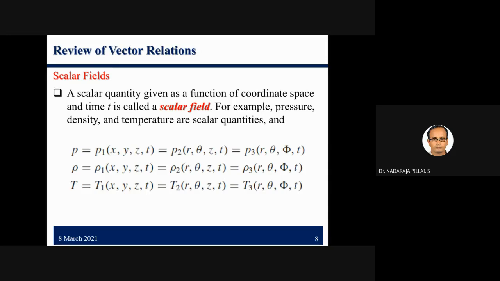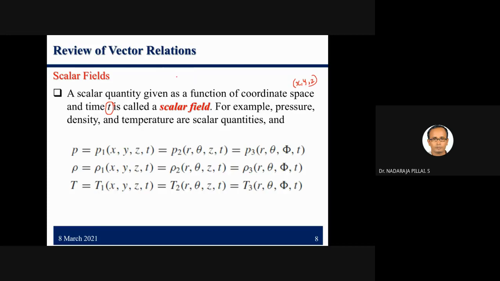Now we will discuss scalar and vector fields. A scalar quantity is given as a function of coordinate space and time. What is space? We have x, y, and z as space, and the time t.